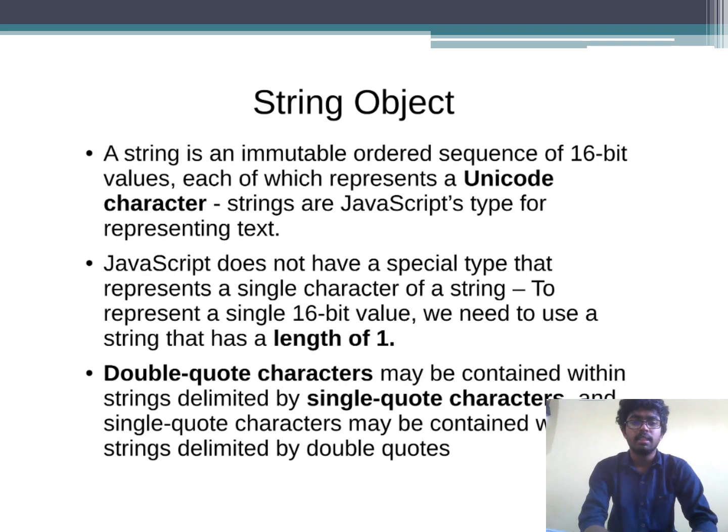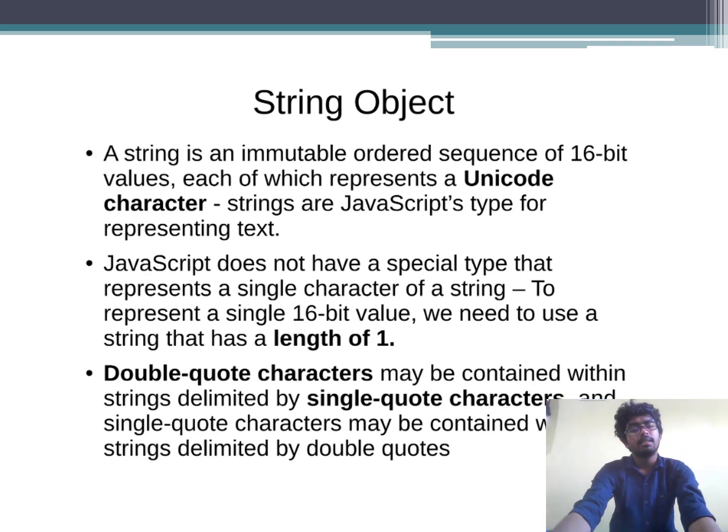String object. A string is an immutable ordered sequence of 16-bit values, each of which represents a Unicode character. Strings are the JavaScript type for representing text. JavaScript does not have a special type that represents a single character of a string.